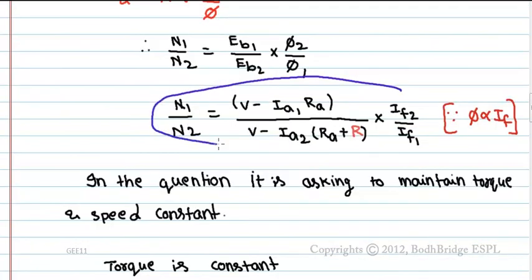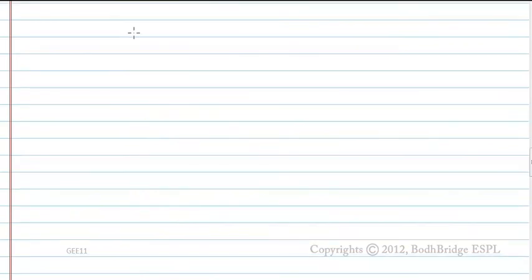Substituting all the values in this equation, speed is constant, so N1 by N2 equals 1.